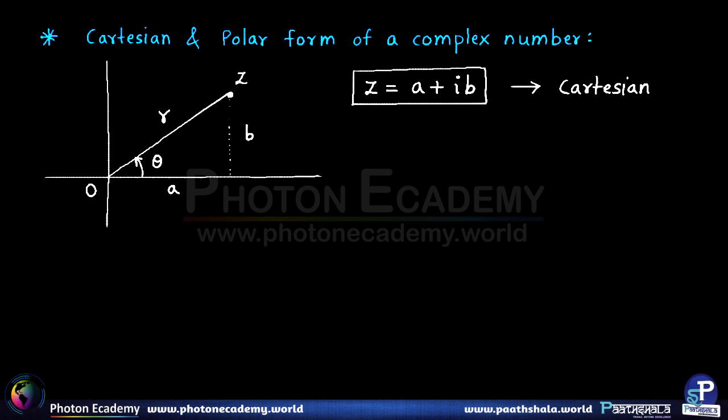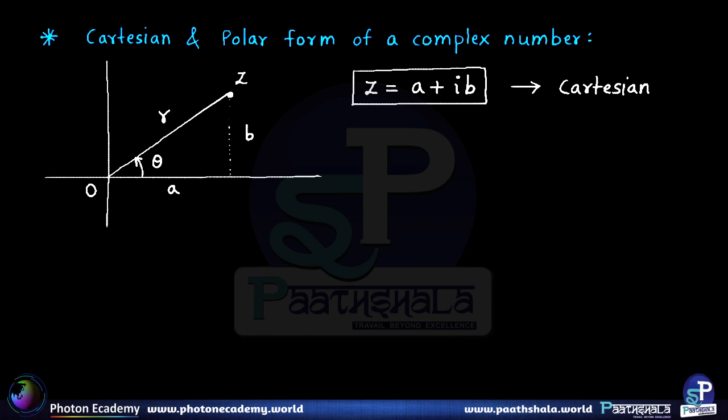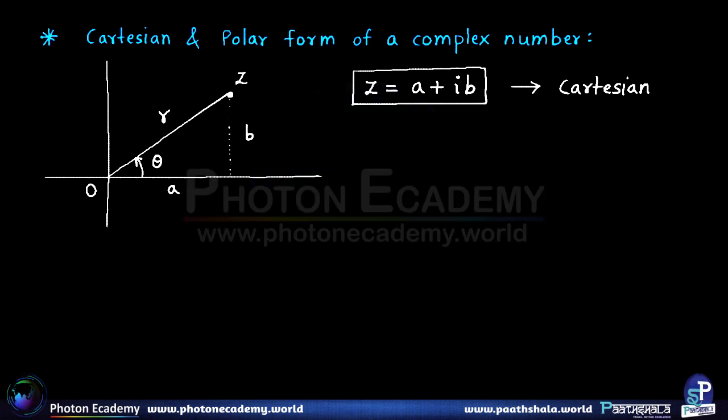Now a polar form is when we specify the R and theta, that is the modulus and the amplitude of the complex number. So for that, let us see how to convert between the Cartesian to polar and polar to Cartesian. Now suppose we know the value of A and B, and we have to calculate the value of R and theta. Now here R, as we can see, is the hypotenuse of this particular right angle triangle.